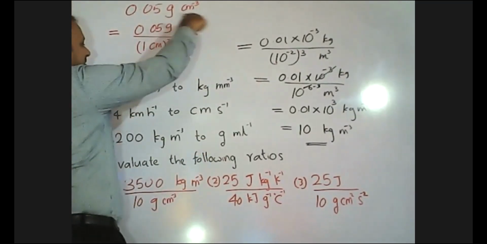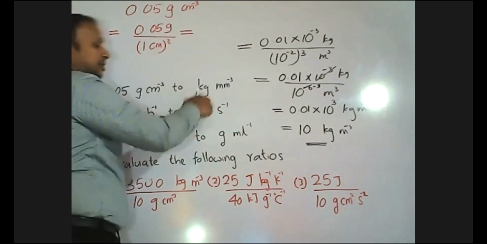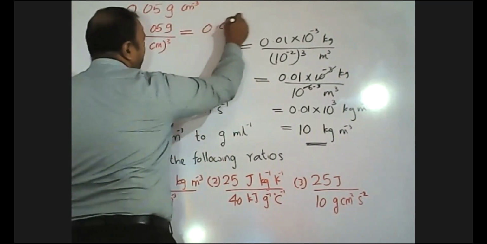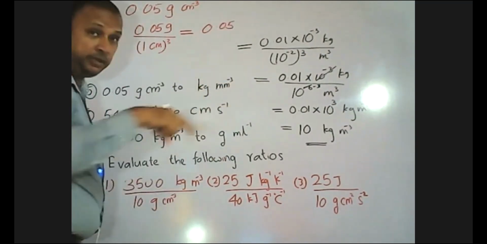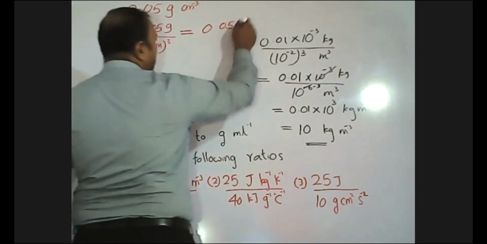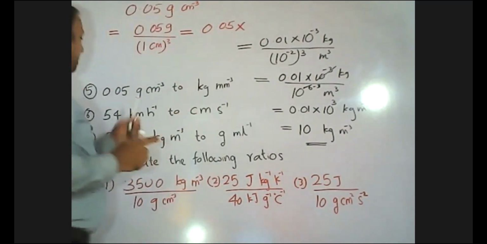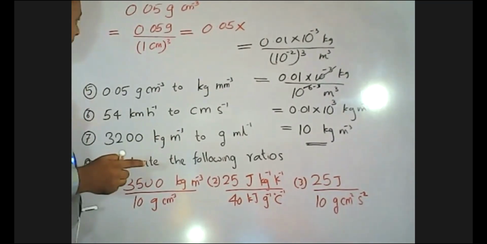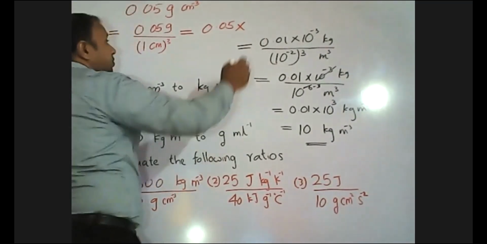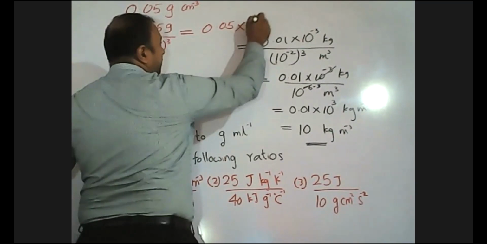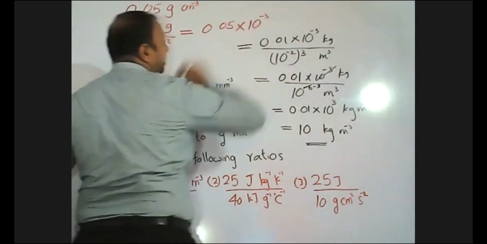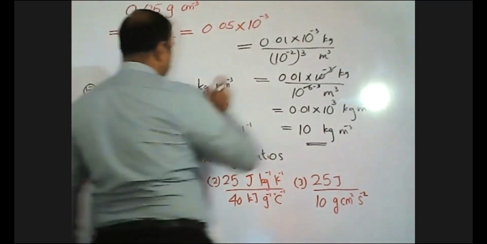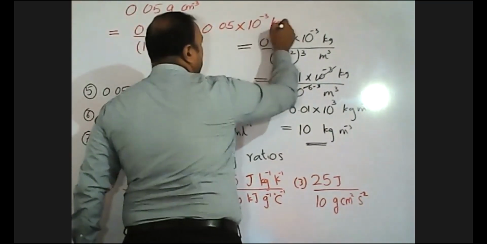The ratio between these two is 10 to the power 3, so you have to divide by 10 to the power 3. Division with 10 to the power 3 means multiplication with 10 to the power minus 3. Now it becomes kg.